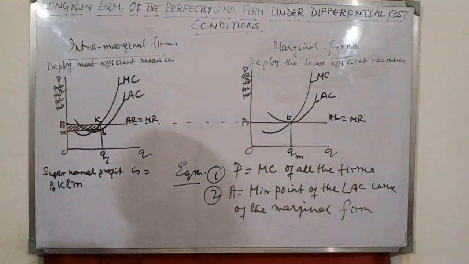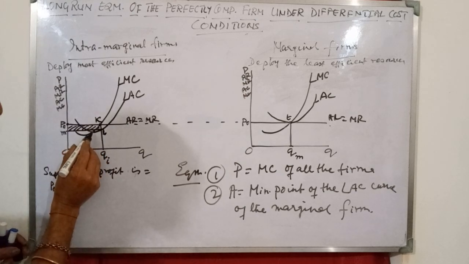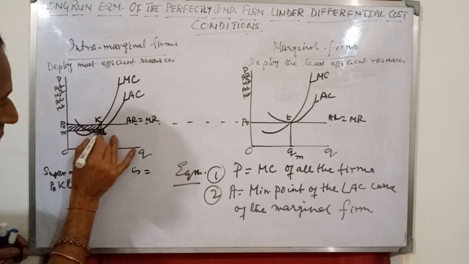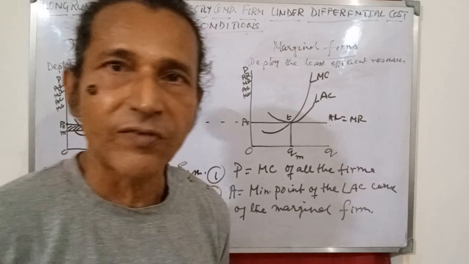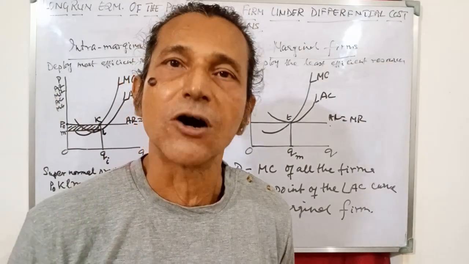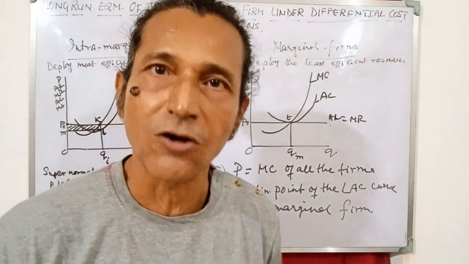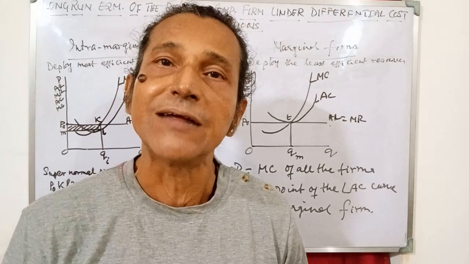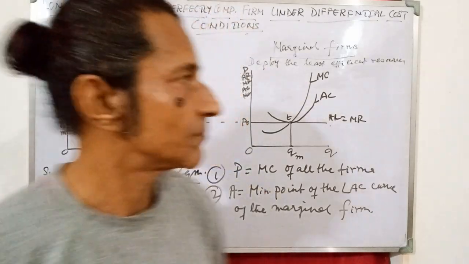Why? Because you see, they are not running at the minimum point of the long run average cost curve, rather at some higher point of the long run average cost curve. So the marginal firms in the long run operate with the optimum plant size, and all the intra-marginal firms in the long run would operate at a plant size which is more than optimum.